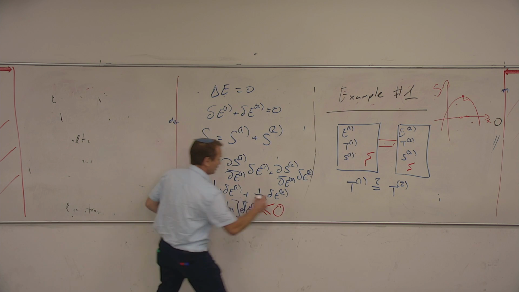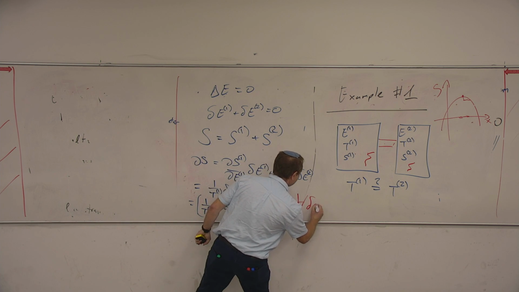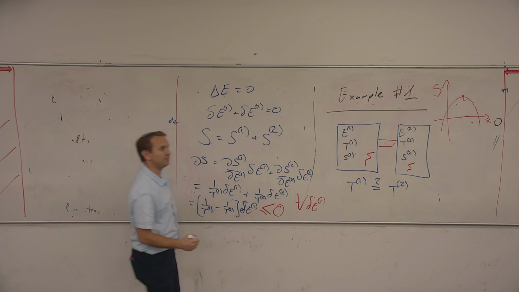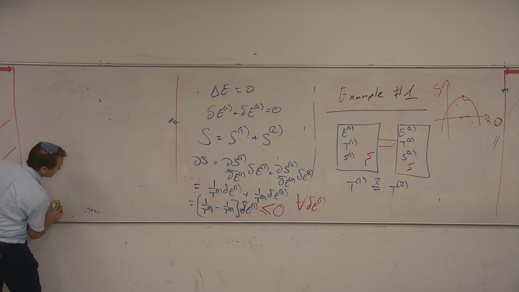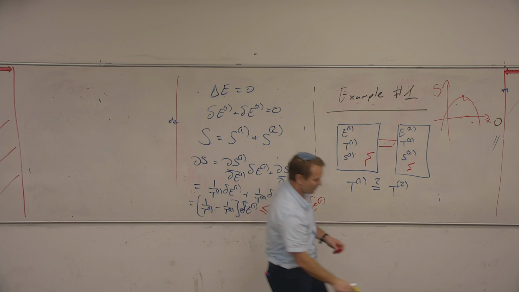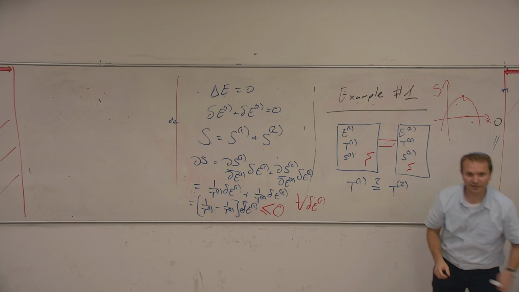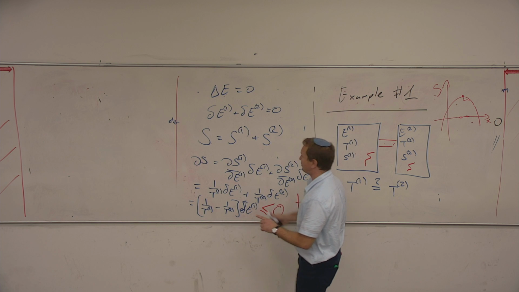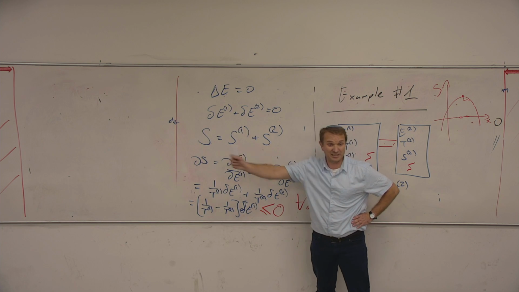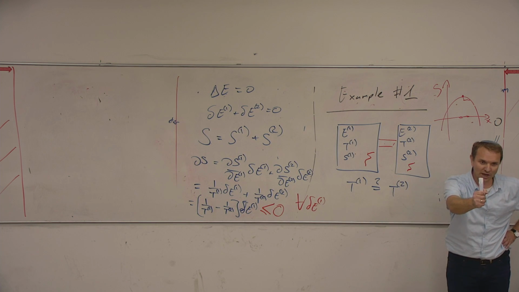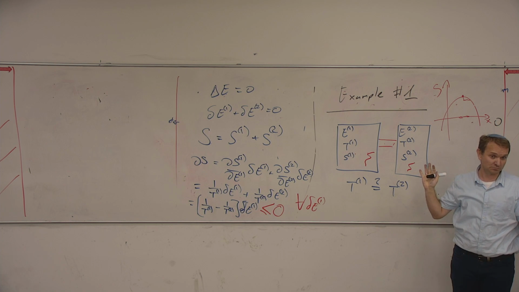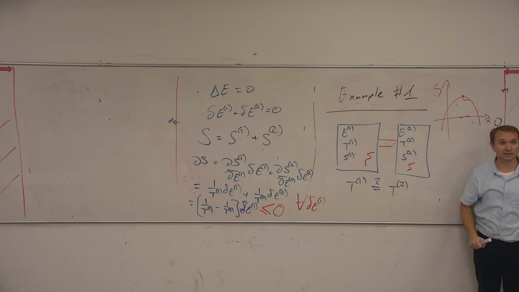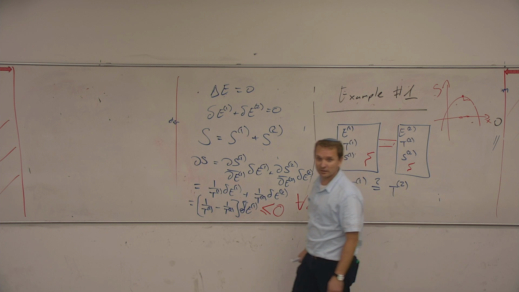I don't care if it's 0, negative, positive, or complex. Well, complex it cannot be, it's energy. Can you explain again why it's smaller than 0? Because any change of the entropy from the maximum has to be a decrease. That's it.